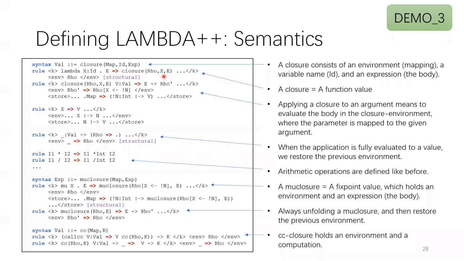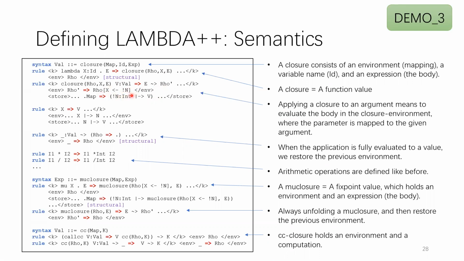And when we apply this closure to a value, that's the second rule here, we'll evaluate the body of the closure in the environment where the parameter x is reallocated to a fresh location n. So this !N notation is how we generate a fresh value for the type.